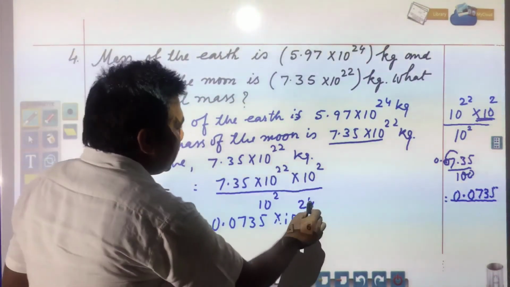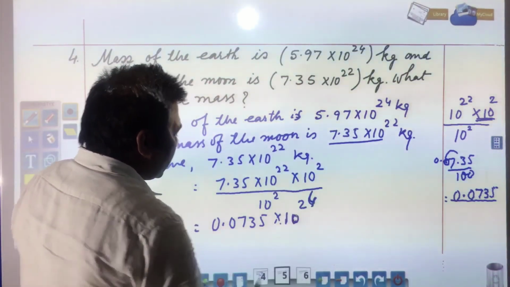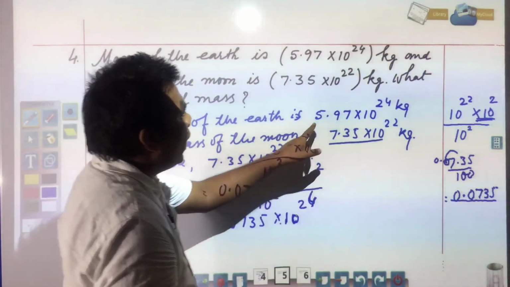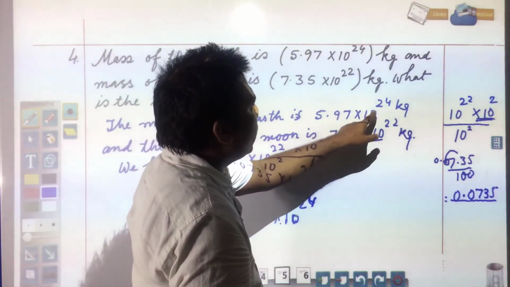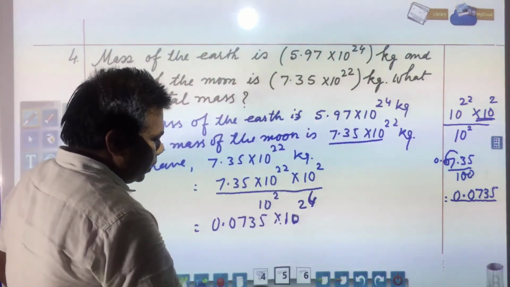Now, this exponent has become equal, you can see 0.0735 into 10 to the power 24 and 5.97 into 10 to the power 24. What we need to do now? We can add this. How we will add this?